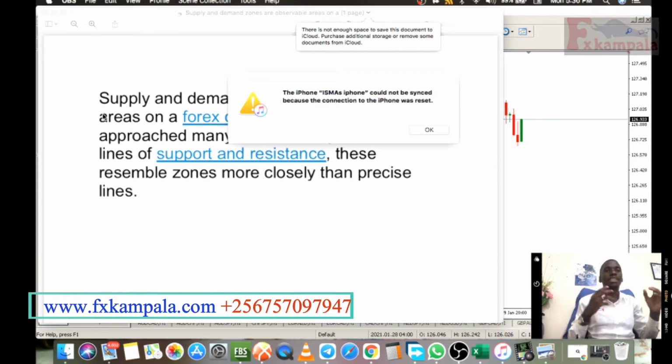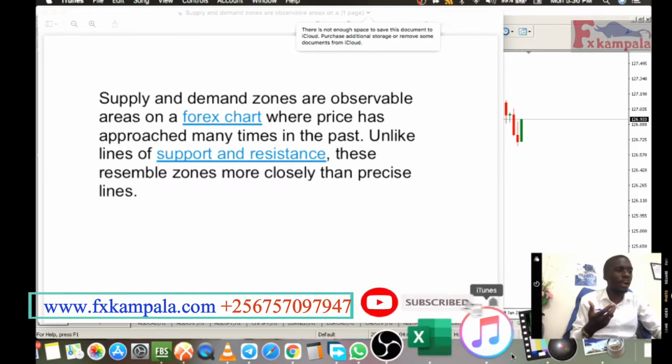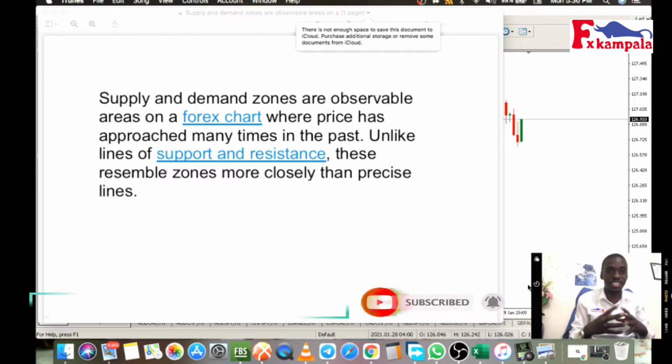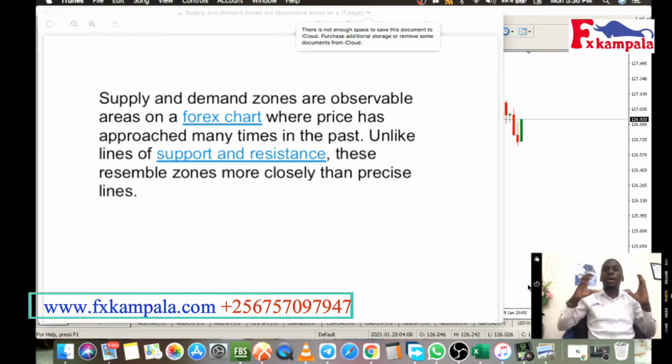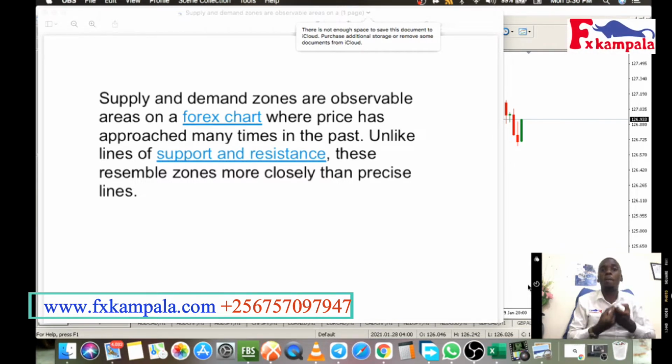When we come up with a couple of these, we are in a position to identify the support and resistance. In the course of identifying these, so as not to leave out certain points that would otherwise be missed, we come up with what we refer to as supply and demand zones.